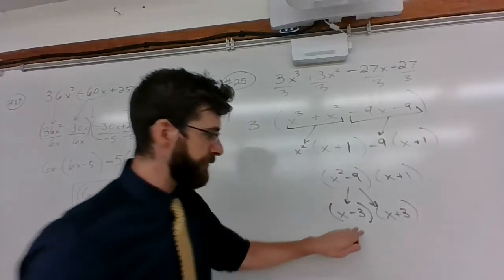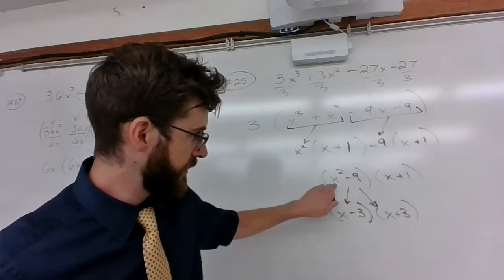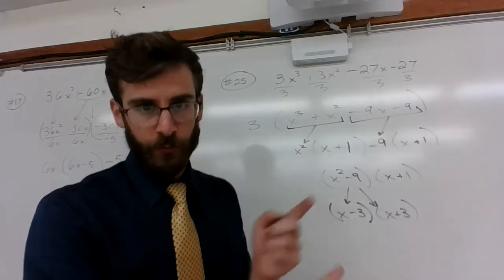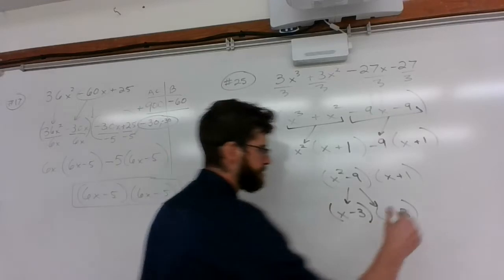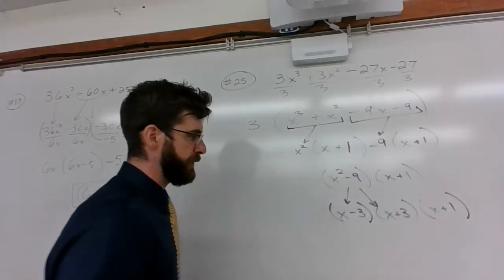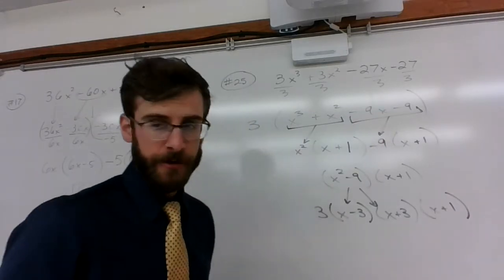Right? When you have a difference of squares, all you got to do is square the first one, square the last one if you're multiplying them. I'm just using that logic in reverse now. Times x plus 1, and then the 3 comes back, and it's completely factored.